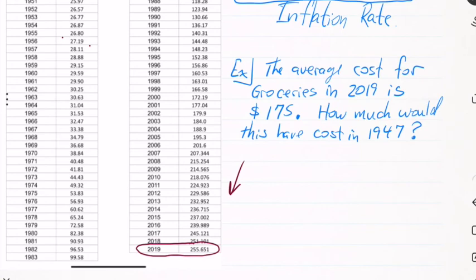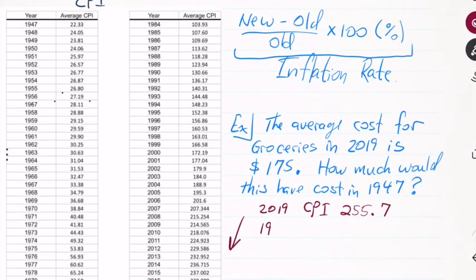So in 2019, the CPI, if you can't read it in the video, is 255.7, I'm only going to go one decimal place. All right, and then I need to look up 1947.